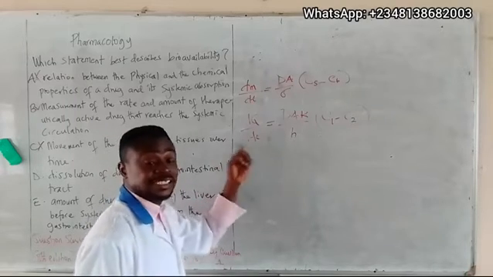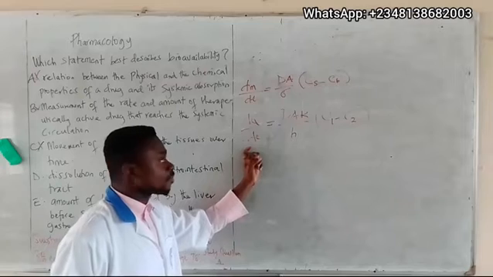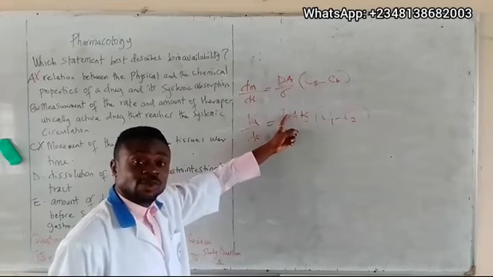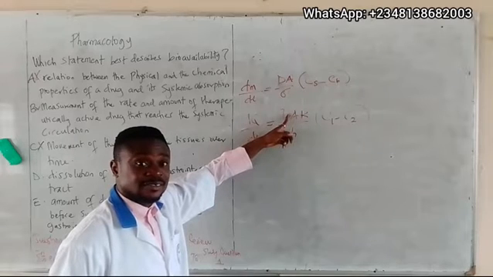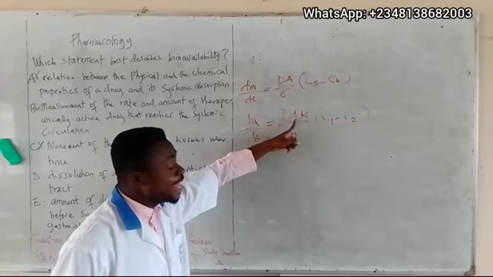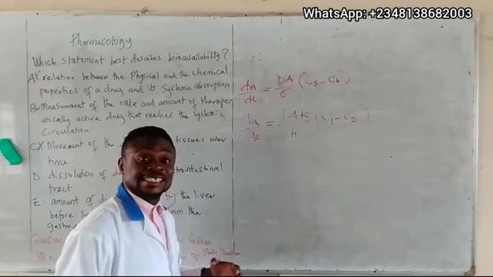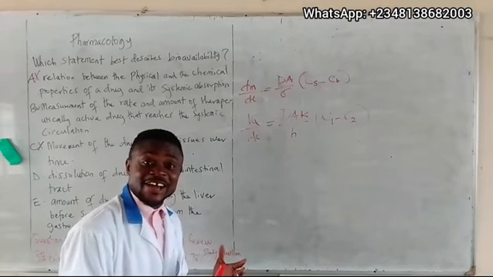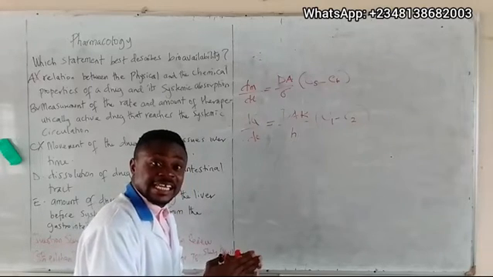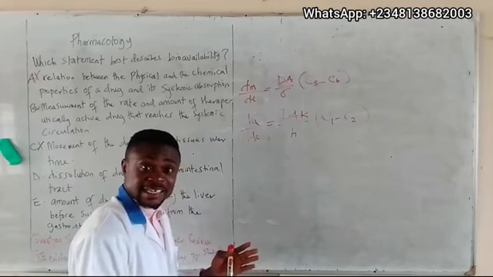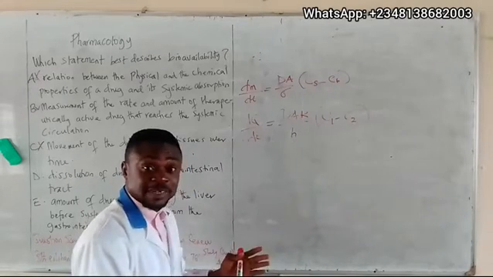Now, dQ/dt is the rate of this diffusion, while D is what? The diffusion coefficient of the solute. A is the surface area of the diffusion layer, the layer through which diffusion takes place.